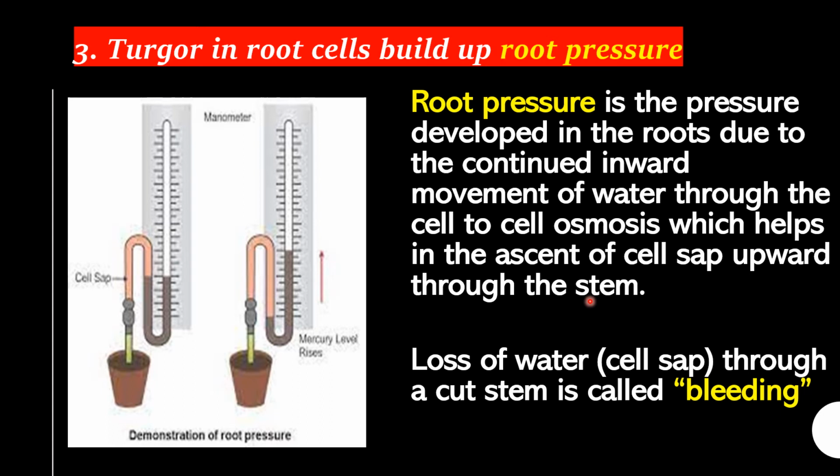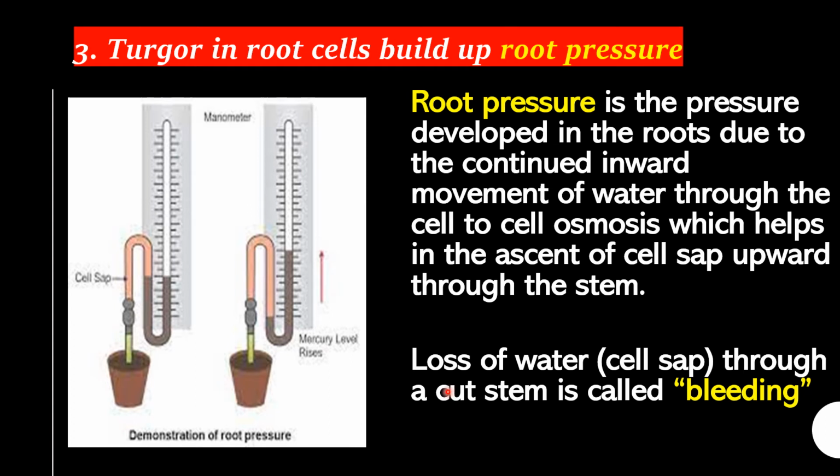Root pressure will occur when there is continued, very important, continued inward movement of water through cell-to-cell osmosis. That's why we are taking a well-watered pot plant. Only then will this experiment work, or we can observe the root pressure here. The cell sap will come out only in a well-watered plant.